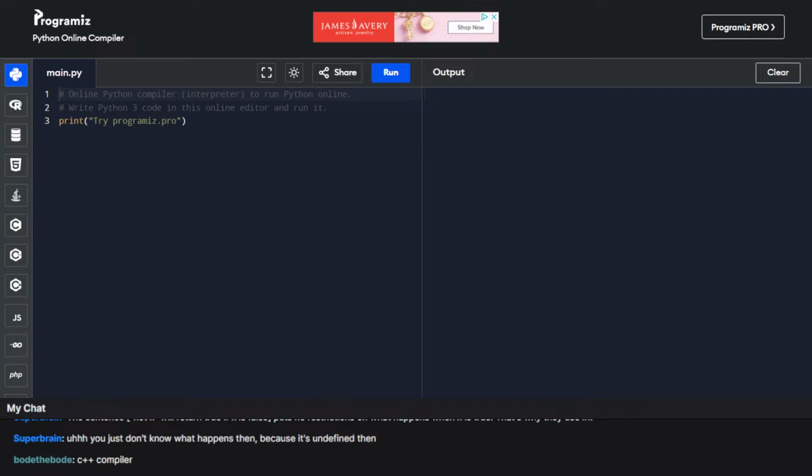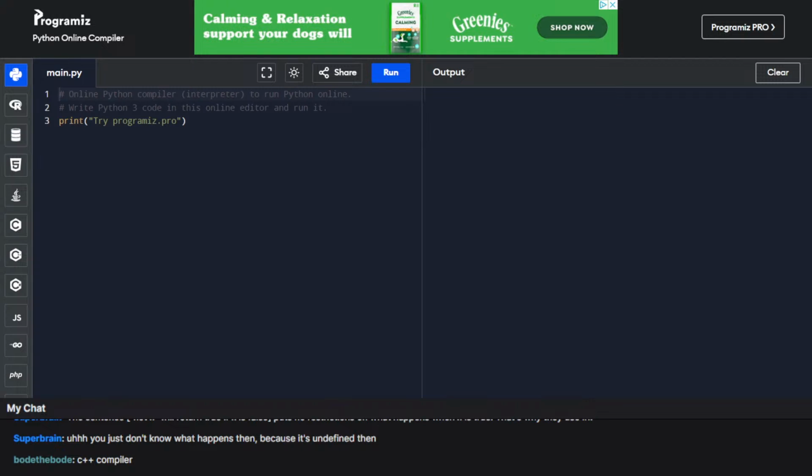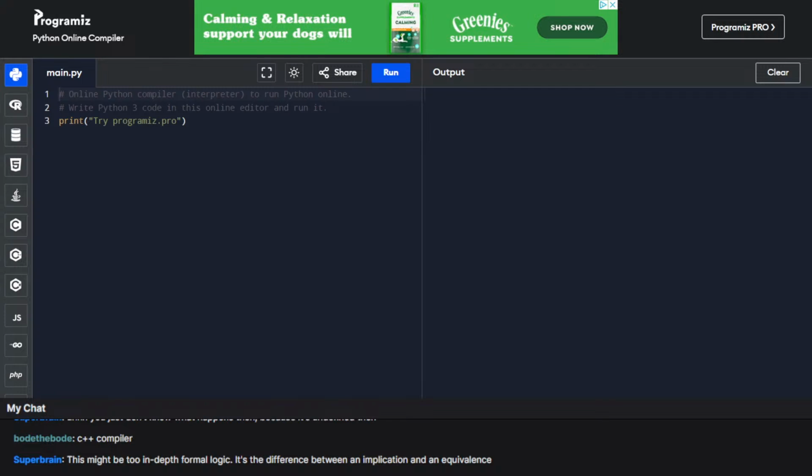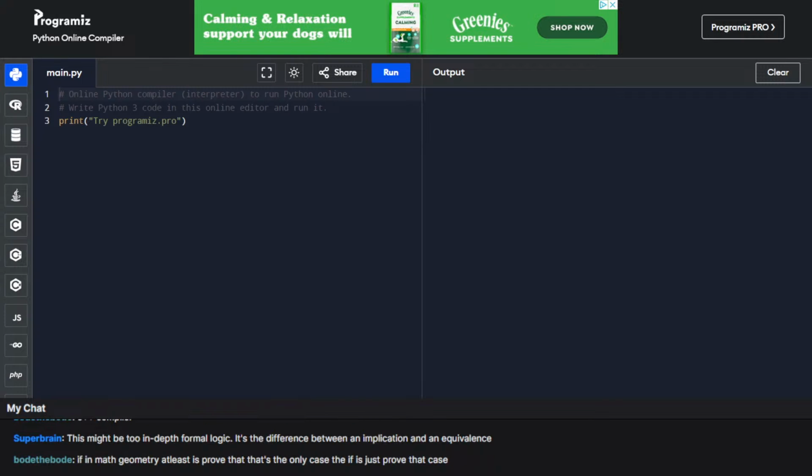The sentence. Okay. I guess without the if and only if, it's not strong enough to cover the whole thing, logically. Superbrain says this might be too in-depth formal logic.